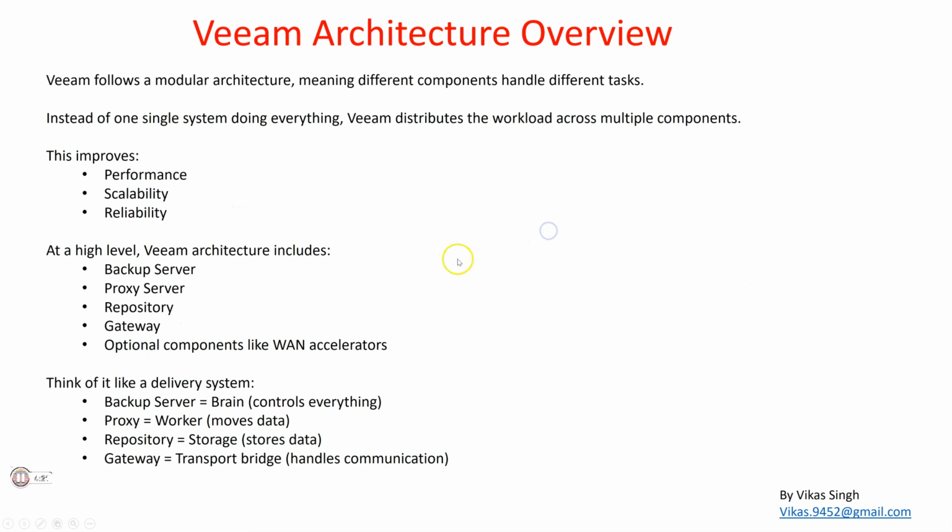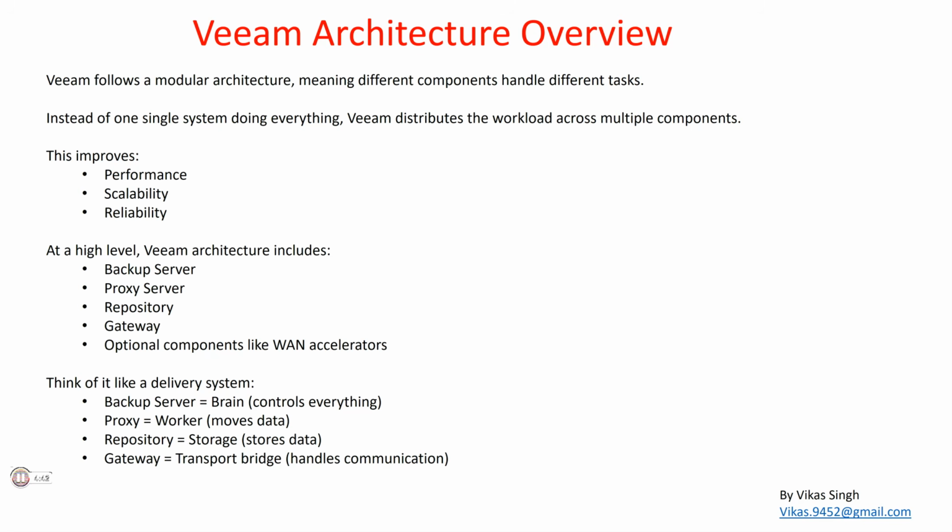Now let's understand the Veeam architecture, how Veeam works internally. Veeam uses a modern architecture. That means instead of one system doing everything, it's distributed across multiple components. This improves the performance, scalability, and reliability of the overall Veeam infrastructure.